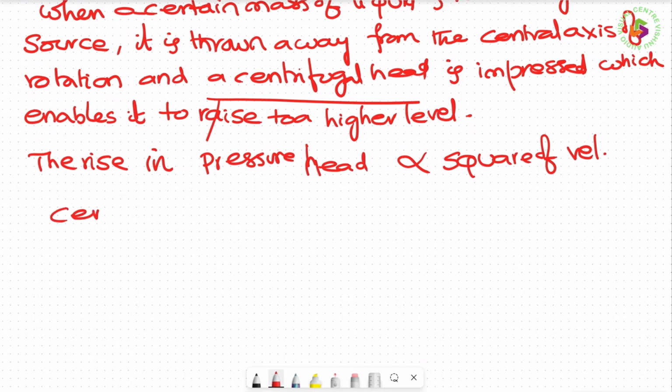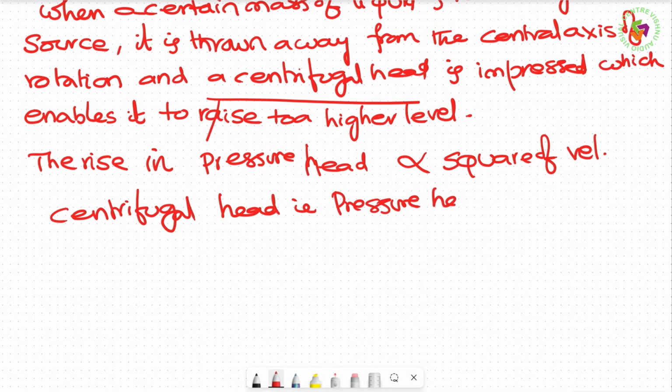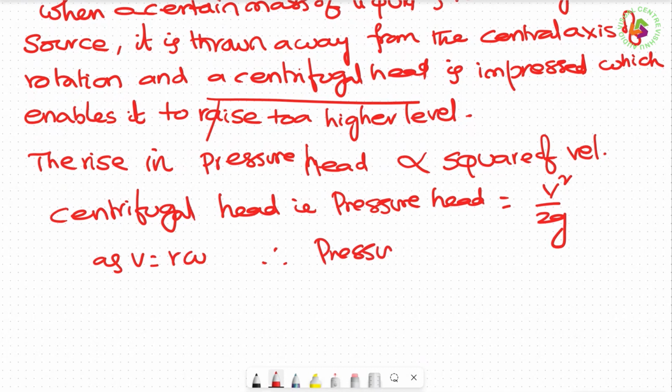This centrifugal head, that is pressure head, is equal to V square by 2G, as V is equal to R omega. Therefore, the pressure head is equal to R square omega square by 2G. This is the thing. And now, how a centrifugal pump works.